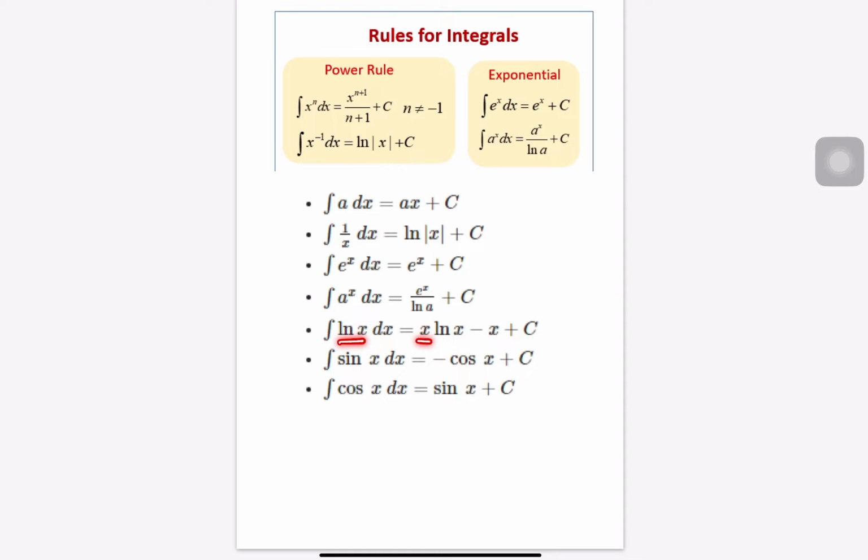The integral of ln x will be x ln x minus x, the integral of sinus x will be minus cosinus, and the integral of cosinus will be sinus. And it is an indefinite integral because it has a c in the answer also.